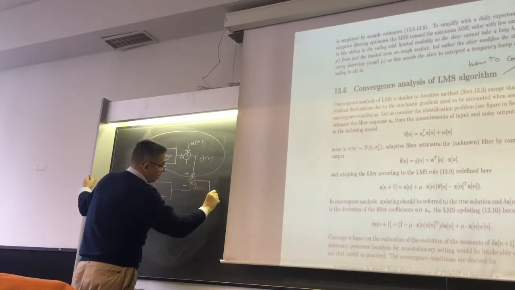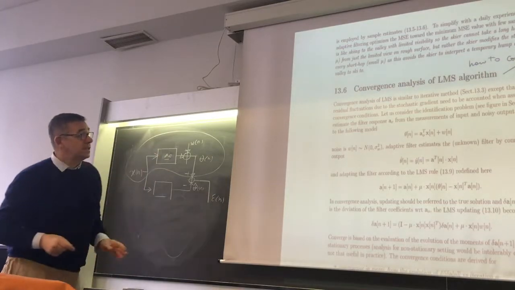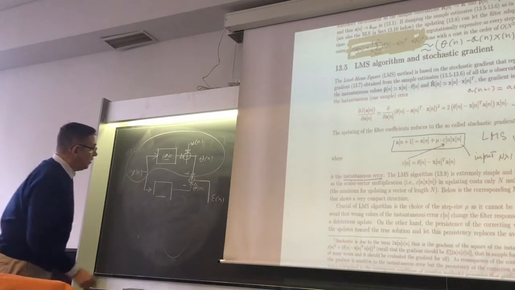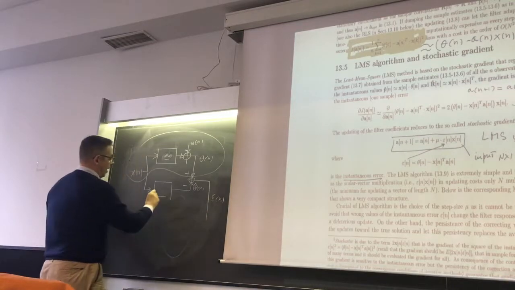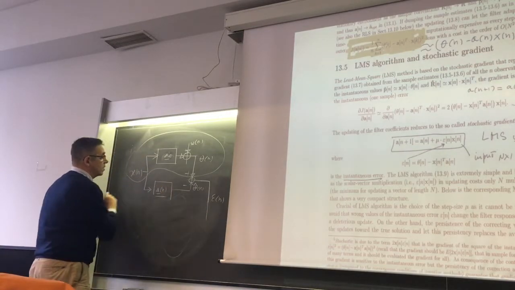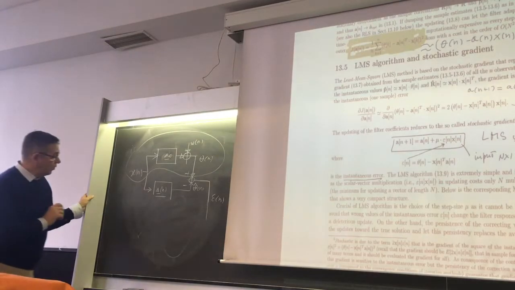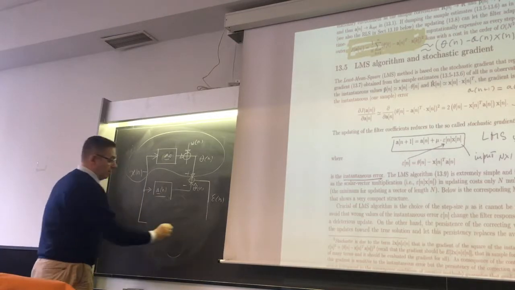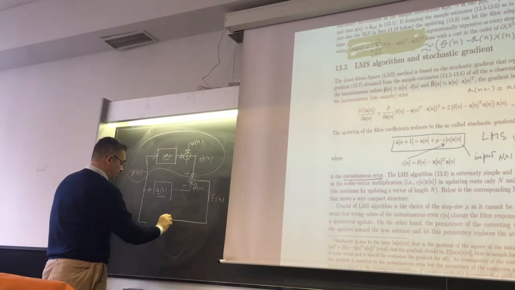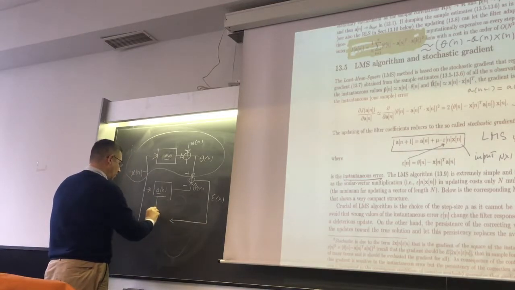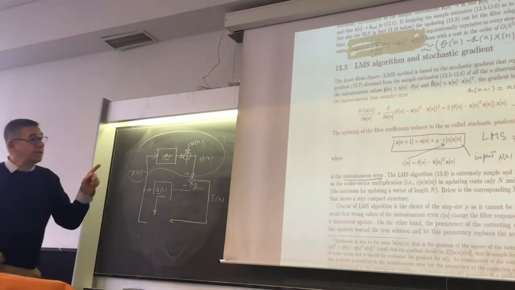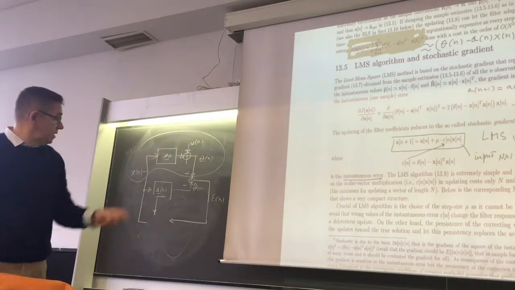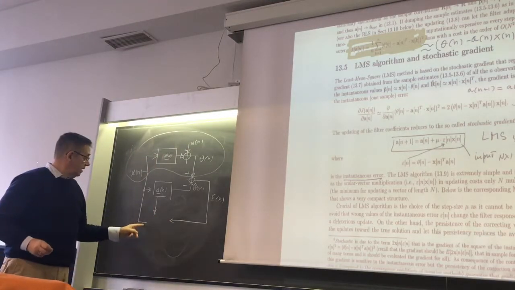This is the error. And now, before we continue, let's look together at the formula. The formula says you take this error, and here an is the coefficient at iteration n. So if you want to get an plus 1, you take a set of measurements. You take epsilon, you take the value of an, and then an plus 1 is equal to an plus mu times epsilon times x.